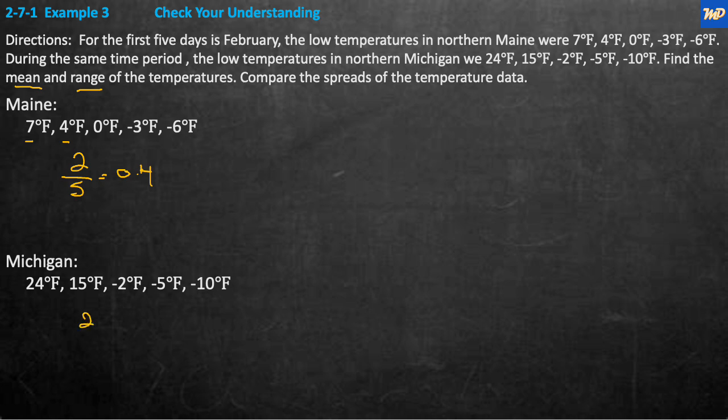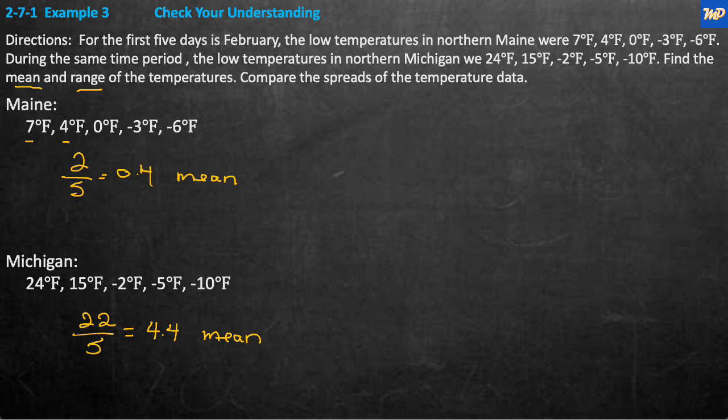So now we have 22 divided by 5, and that equals 4.4. 22 divided by 5 is 4.4. Okay, so that is what? That is the mean, right? We added them up and divided. The mean.